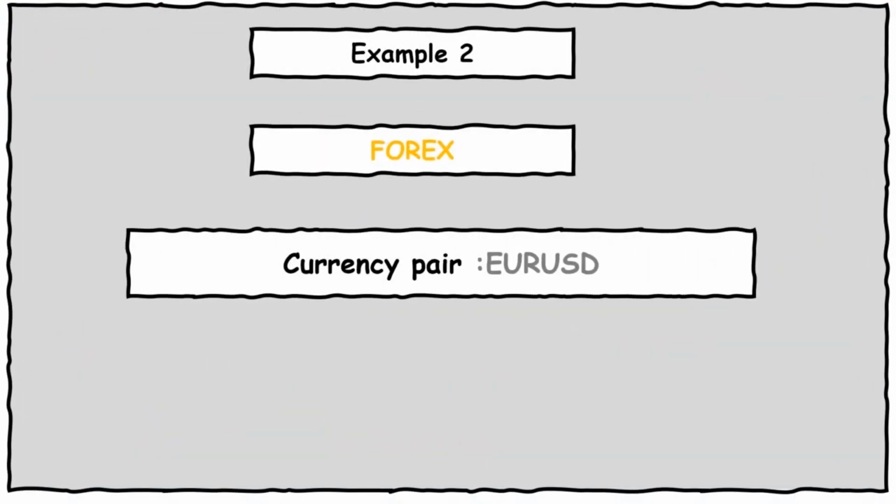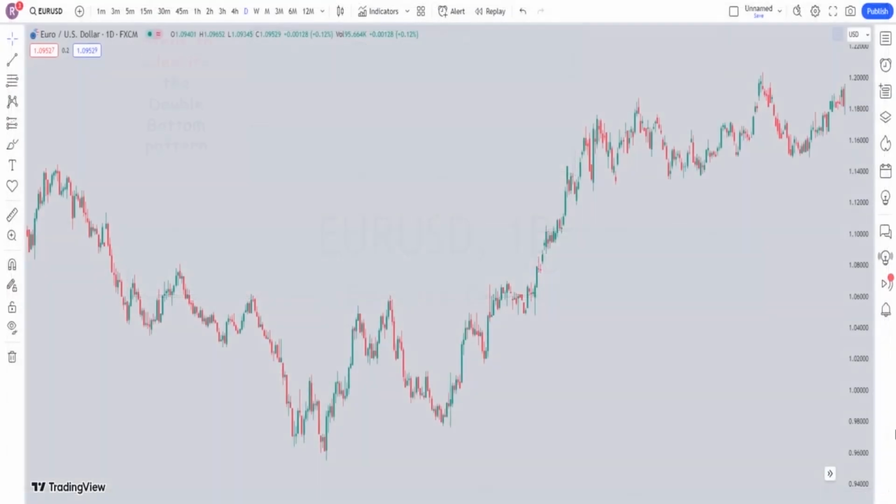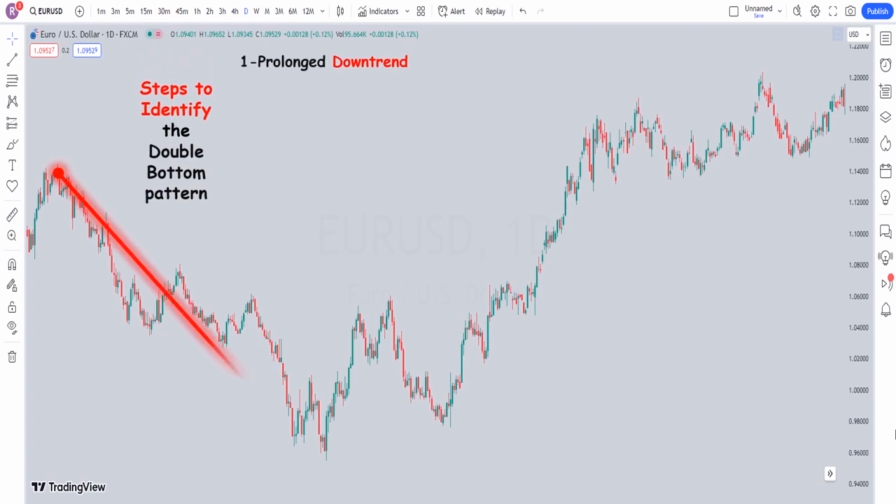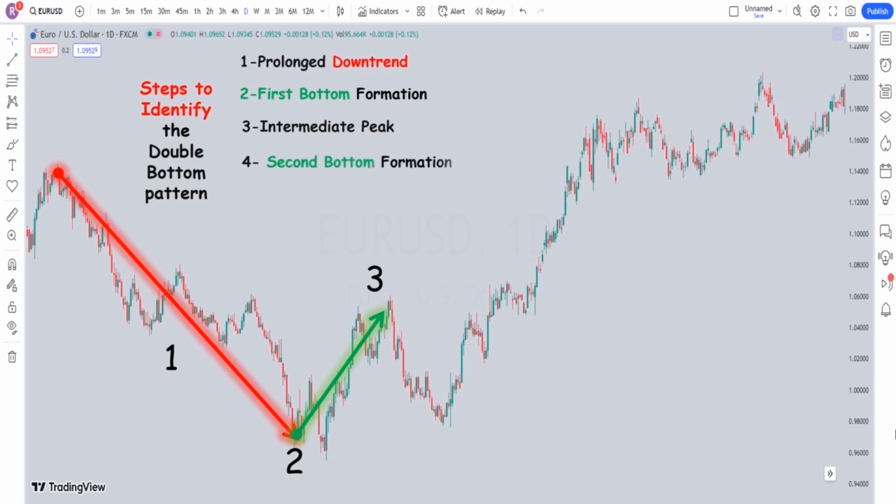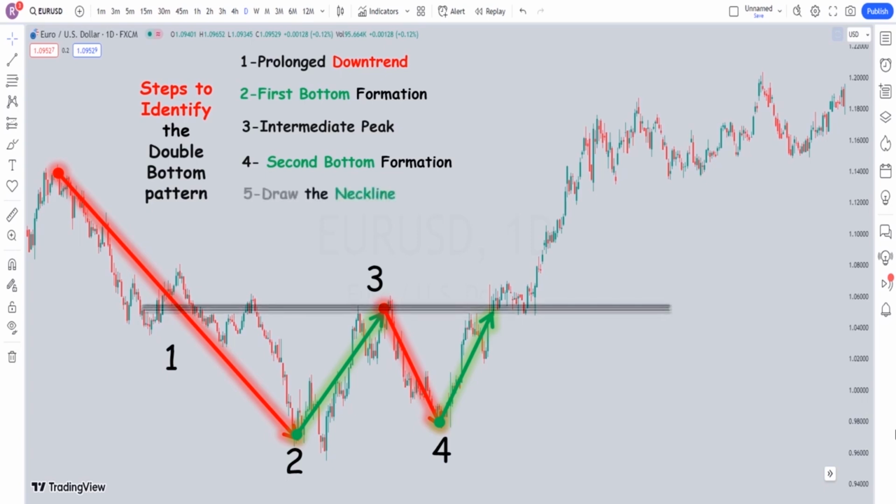Example 2, currency pair EUR/USD. Identify a double bottom pattern. 1, prolonged downtrend. 2, first bottom formation. 3, intermediate peak. 4, second bottom formation. 5, draw the neckline. 6, break above neckline.